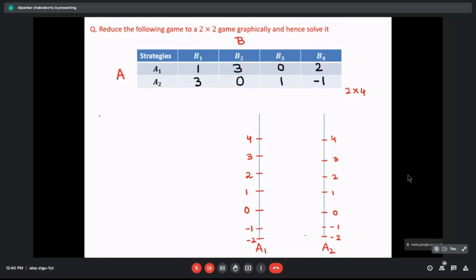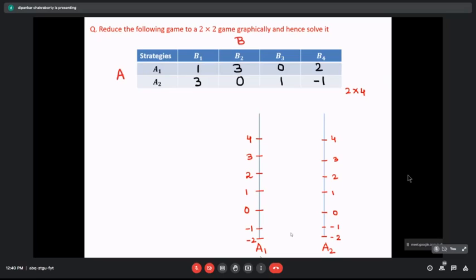So these two vertical lines represent the strategies for player A. So I've written A1, A2. Now I'm going to find the lowest element and the highest element in the payoff matrix, and write the numbers on these two vertical lines. Is it okay, Manjari, now? Yes, sir. Thank you.